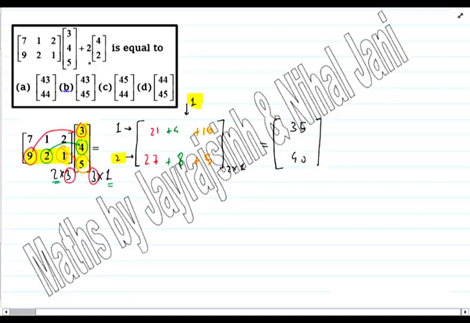Okay, now let's simplify the second term. It's quite an easy task. Just multiply 2 with the individual elements, get 8 and 4, right? Okay, so the resultant matrix will be the summation of A and B, right?